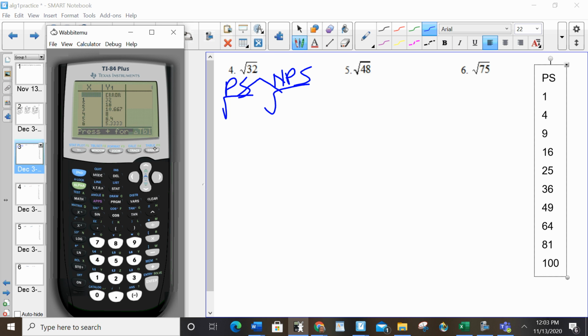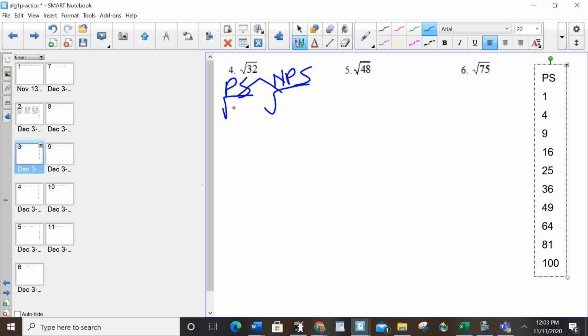I'm going to my table. 32 is not a perfect square, but 16 is: 16 and 2. That's step 1. Step 2, the square root of 16 is 4. The non-perfect square comes down. Don't take the square root of 4 and make it 2. When you take the square root of something, the square root's gone.